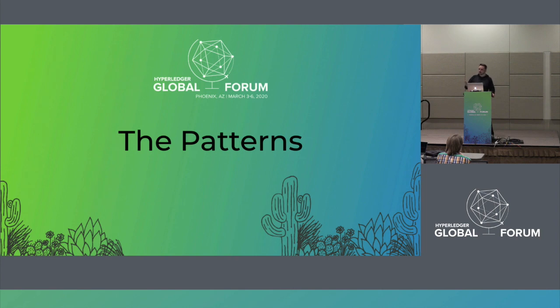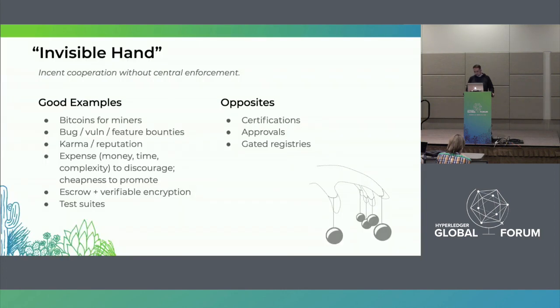Now, sometimes there's parts of society that are centralized, but it's amazing how many times what we build when we're doing this highly technical blockchain thing turns out to actually be the way ordinary people get together and hold an election or whatever it is that we're doing. And so as we talk about these patterns, think about human, not technical patterns and how these map onto human behaviors, okay? So let me talk first of all about the invisible hand pattern. And these are just names that I came up with. Maybe there's better names for them too.